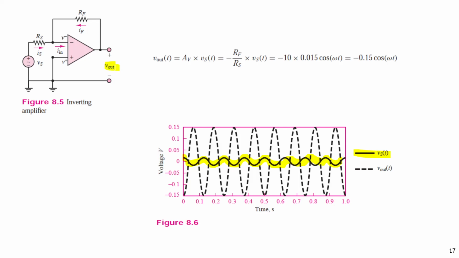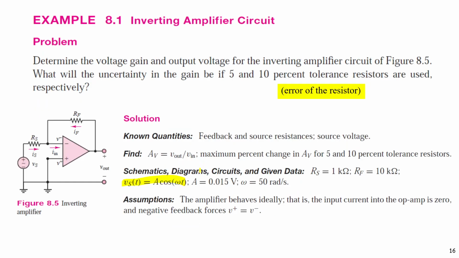Here, this is Vs, and A is 0.05, the amplitude of Vs, and omega is 50 radian per second. Rs is 1 k ohm and Rf is 10 k ohm. So what is the gain?